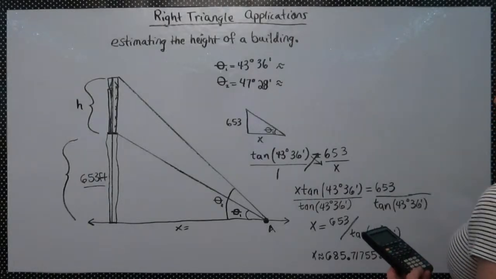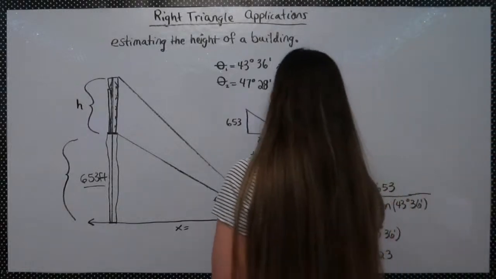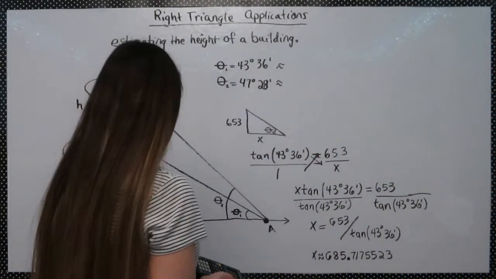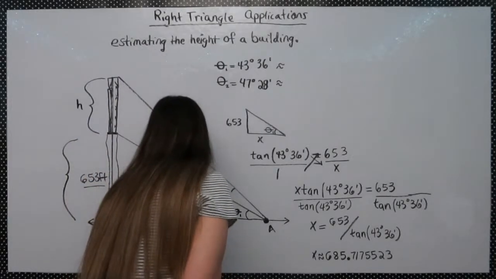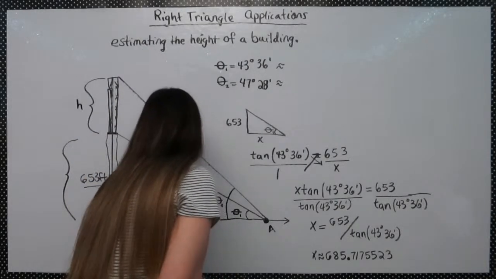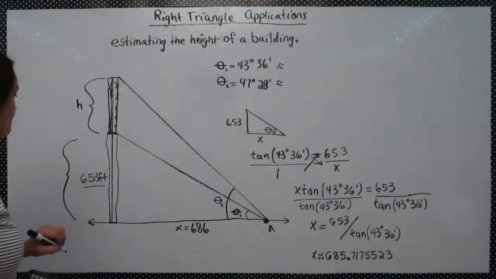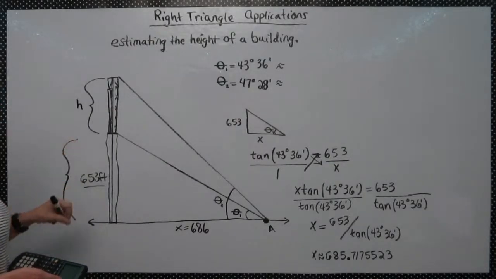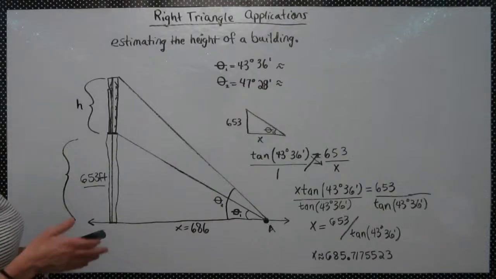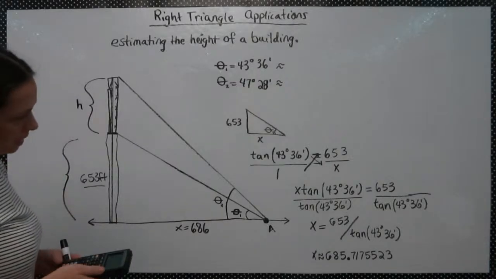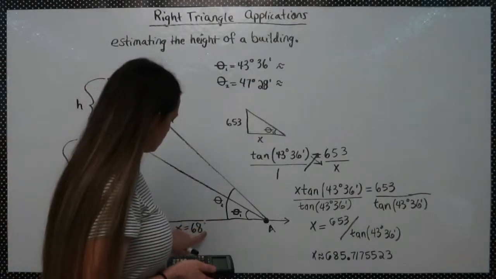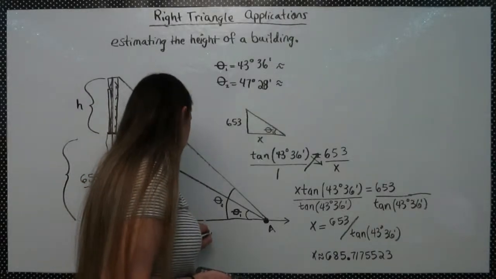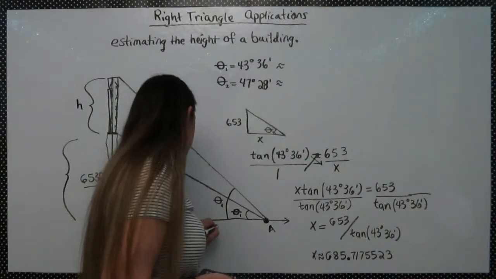And that's for x. So we're just going to approximate this to be 686. And really, let's go ahead, I changed my mind. Let's go ahead and just keep it out to 2 decimals for now. 685.72.